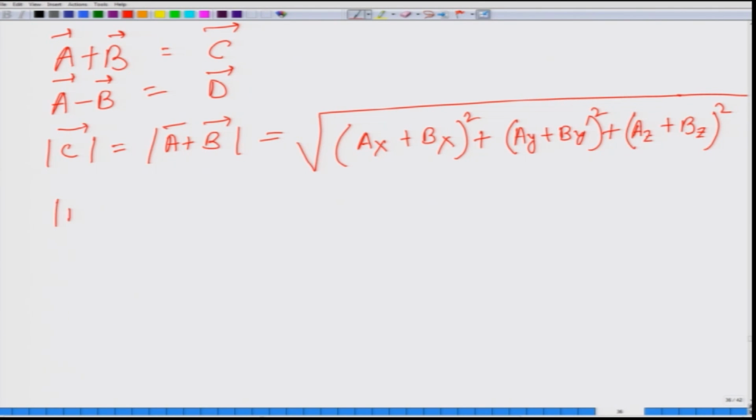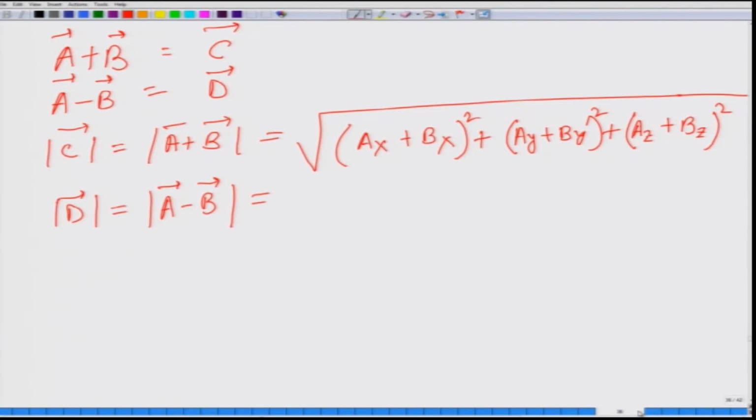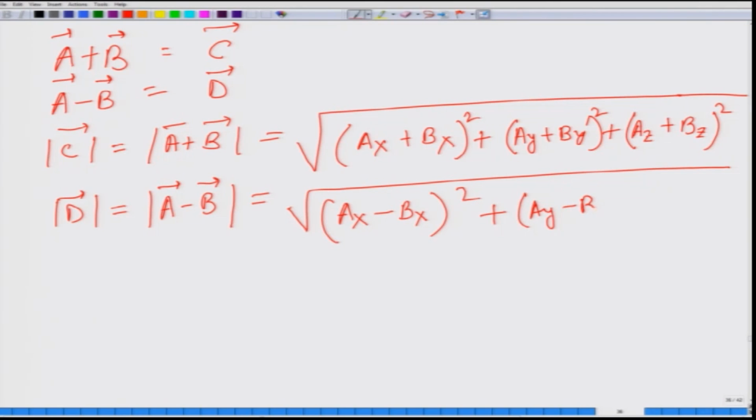Similarly, the magnitude of the D vector, which is the magnitude of the A minus B vector, from the previous page you can see, I can write as the root of AX minus BX square plus AY minus BY square plus AZ minus BZ square.